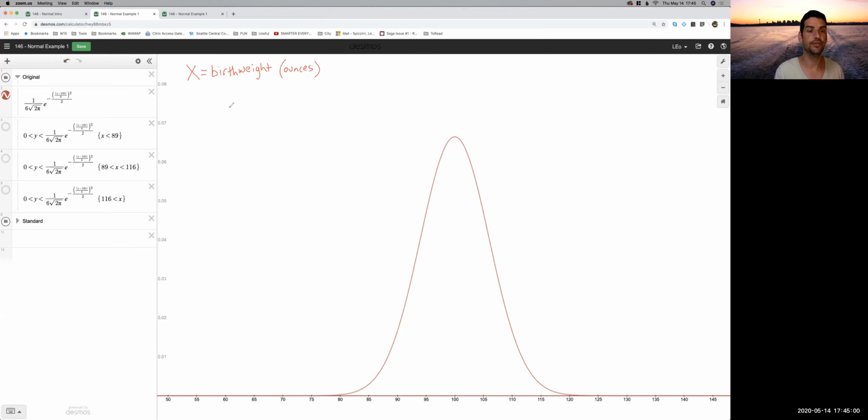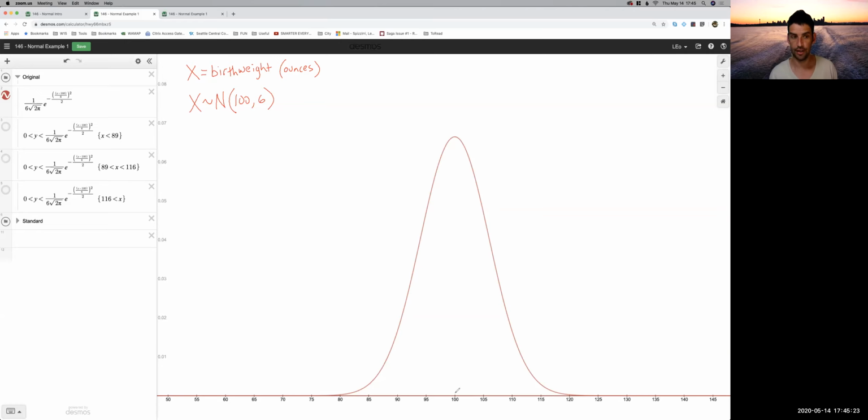Birth weight in ounces. And let's say this is known to follow a normal distribution with a mean of 100 and a standard deviation of 6. Okay, so that's our situation, and this is a picture of it.